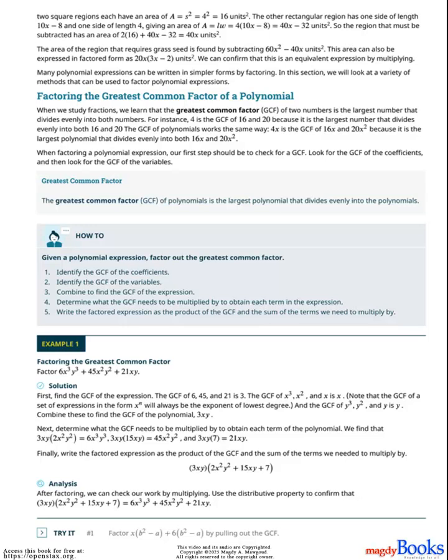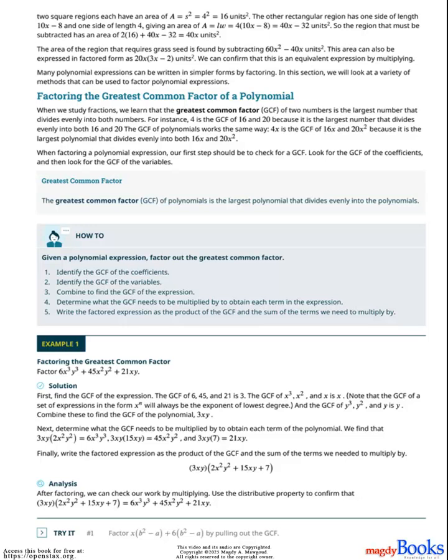Finally, write the factored expression as the product of the GCF and the sum of the terms we needed to multiply by. (3xy)(2x squared y squared plus 15xy plus 7).